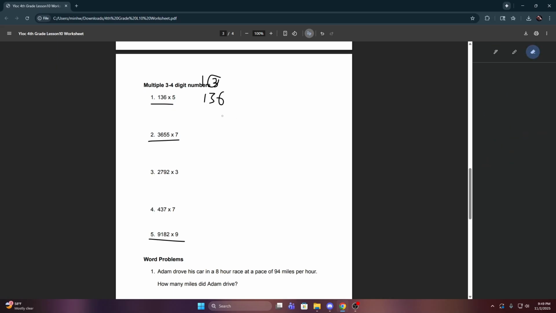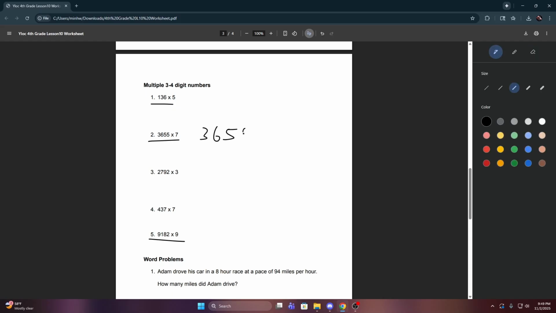Okay, now let's try problem 2. Again, put that bigger number up top, times 7. By the way, you always want to align your place values. Here, this is in the ones, and here, this is also the ones place of this whole big number, right? So you want to realign that ones place to the ones place of that second number. So now, 5 times 7, or 7 times 5 is 35.